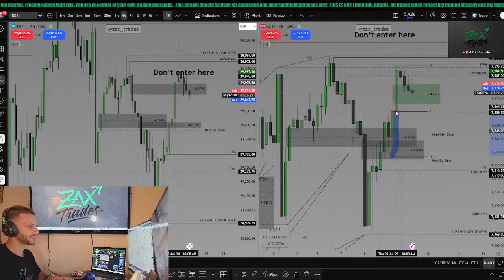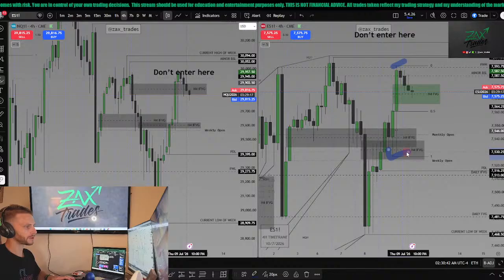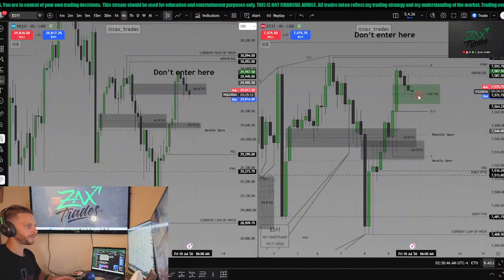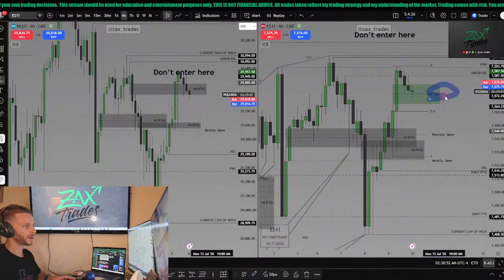You want consistent colored candles, meaning all up or all down candles. I'm going to find the swing high and the swing low, and then your equilibrium. So if I'm bullish here, I would want to see price obviously hold the 4-hour gap, maybe throw a wick into this equilibrium.